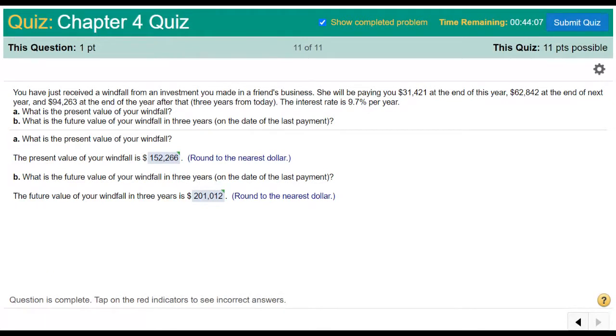I wanted to start with chapter 5. Give me one second.